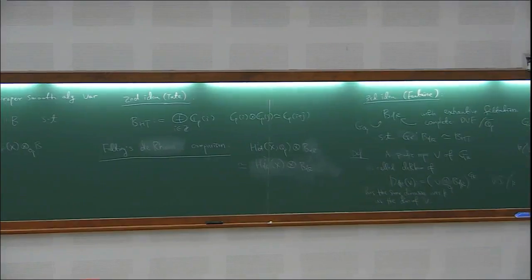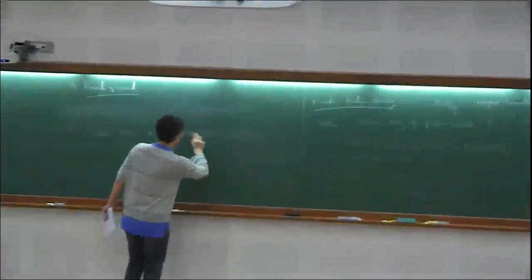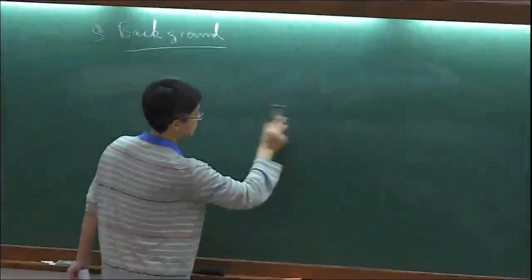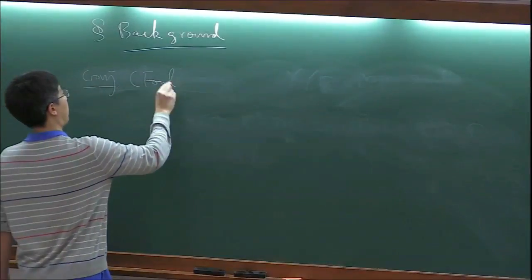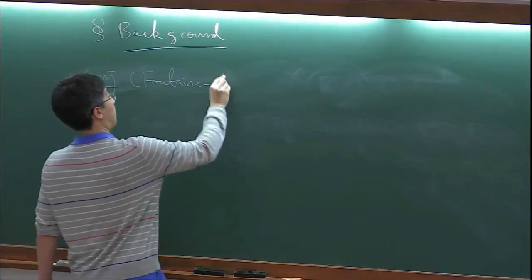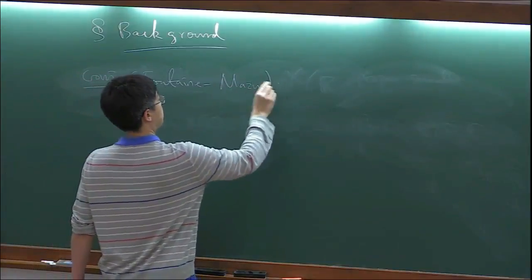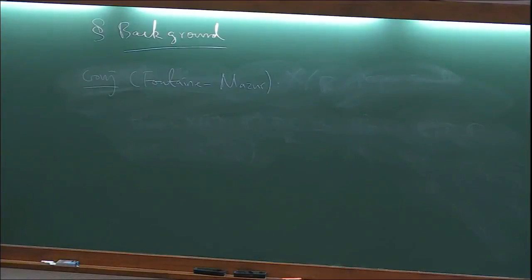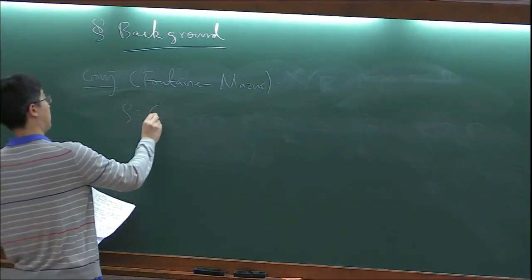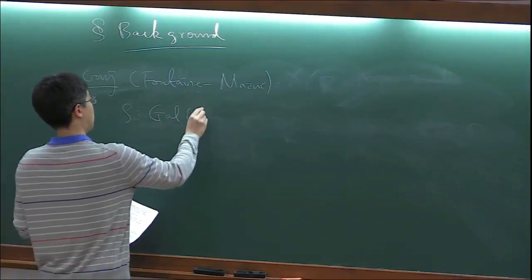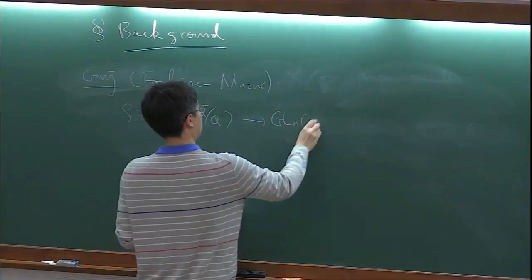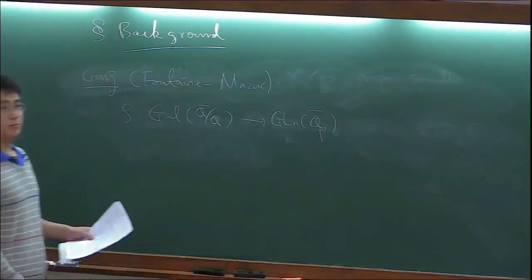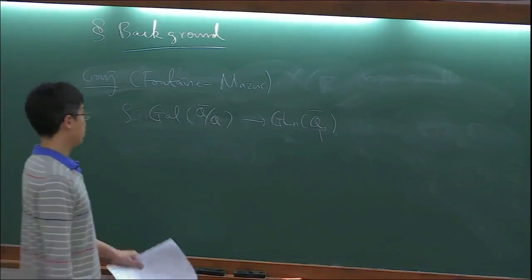Then why does arithmetic geometry concern this de Rham representation? The importance we can see from the famous Fontaine-Mazur conjecture. So suppose we have a global p-adic representation which is geometric.